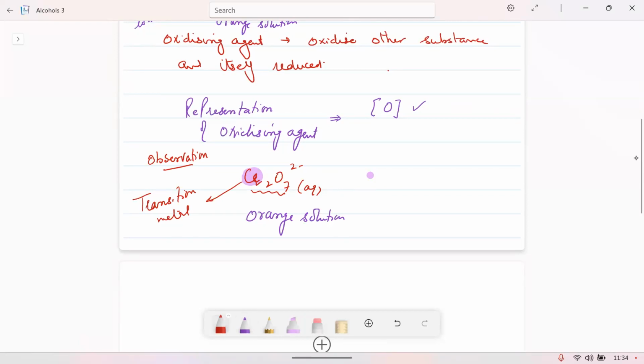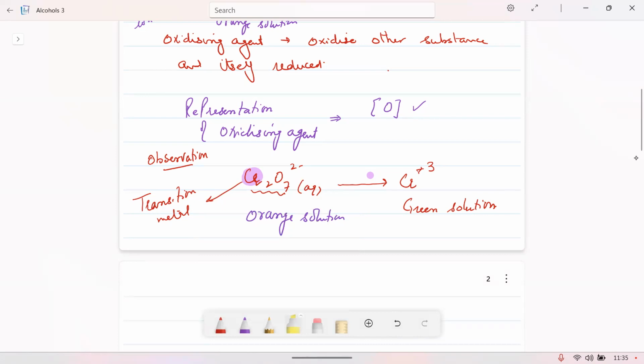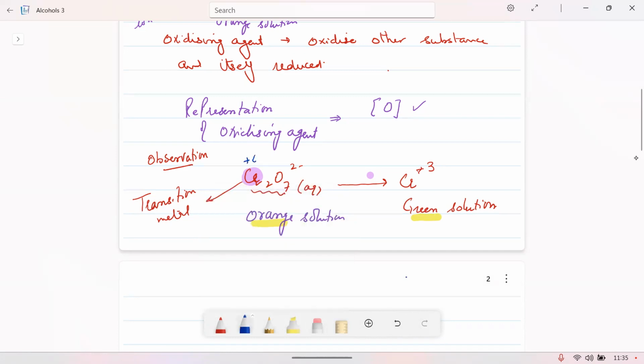Now, when it is oxidizing something, it changes into Cr+3 ion, which is a green solution. So your observation will be, if an oxidation takes place, the color changes from orange to green. That's the first thing. Now, what is happening to the dichromate ion? It has an oxidation state of +6 and it has changed into an oxidation state of +3, which means it is being reduced.